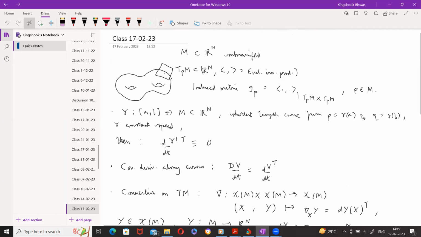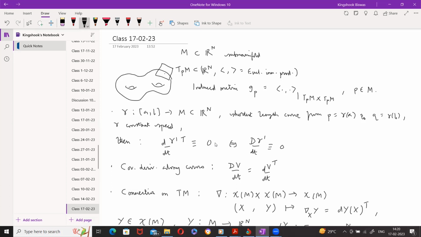So we've seen here that for a submanifold of Rn with the induced metric, if I take a shortest length curve, which has constant speed, then it satisfies this geodesic equation, which is saying that basically the covariant derivative of gamma prime, so gamma prime is a vector field along gamma, this covariant derivative is 0.